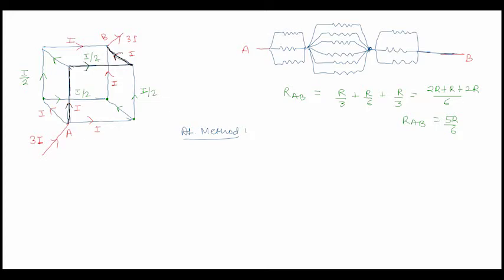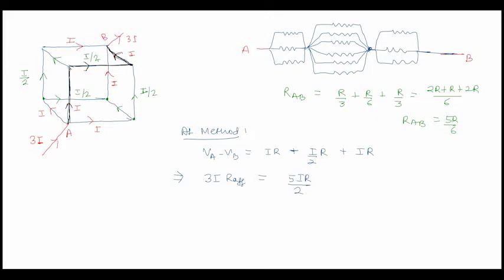If I apply Kirchhoff's law between A and B this time, I can write the equation in this way, that V_A minus V_B is equal to IR plus I by 2 into R plus IR, and this can be written as the total current 3I multiplied by the effective resistance R effective, and then we obtain a value equal to 5IR by 2.